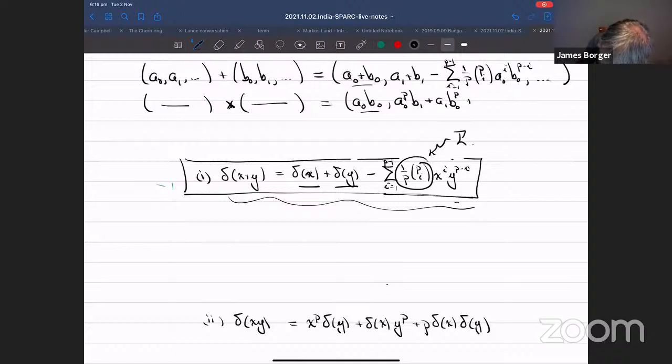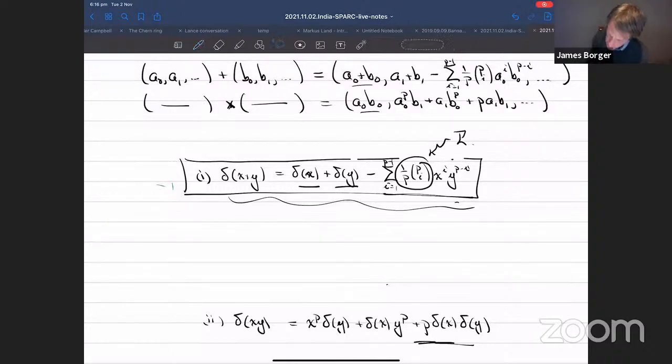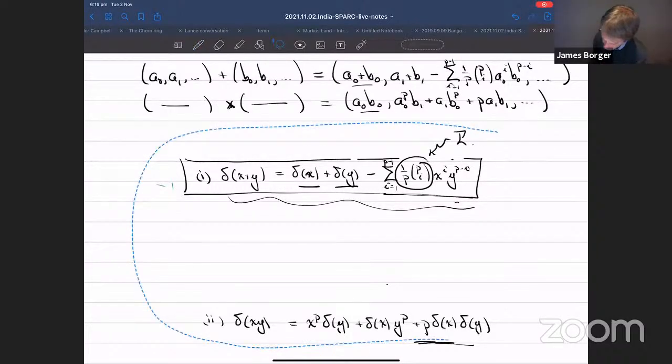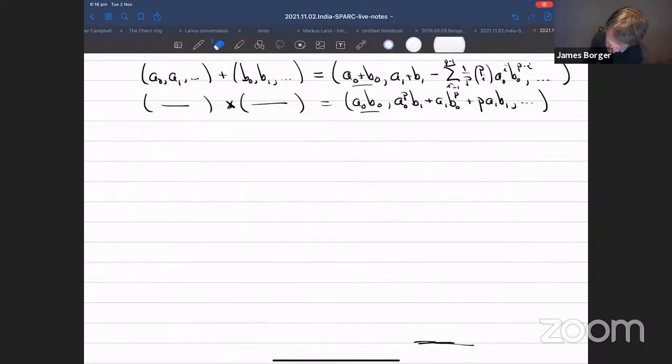Minus P times A0 A1. So it's just that. It's exactly the same polynomial, but now I'm going to delete these. Just evaluated at, instead of at the sequence of derivatives, the sequence of components.